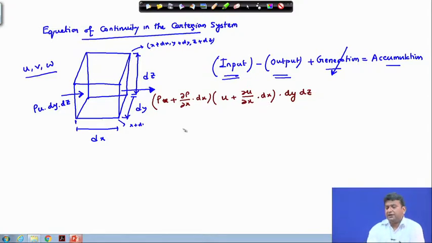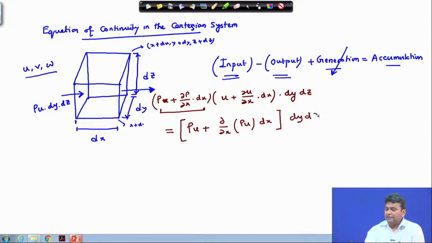What I have written allows for handling a compressible fluid also, in case rho itself varies as a function of x. That is taken care of in this particular term, and this you can simplify as rho u plus del x of rho u dx into dy dz.